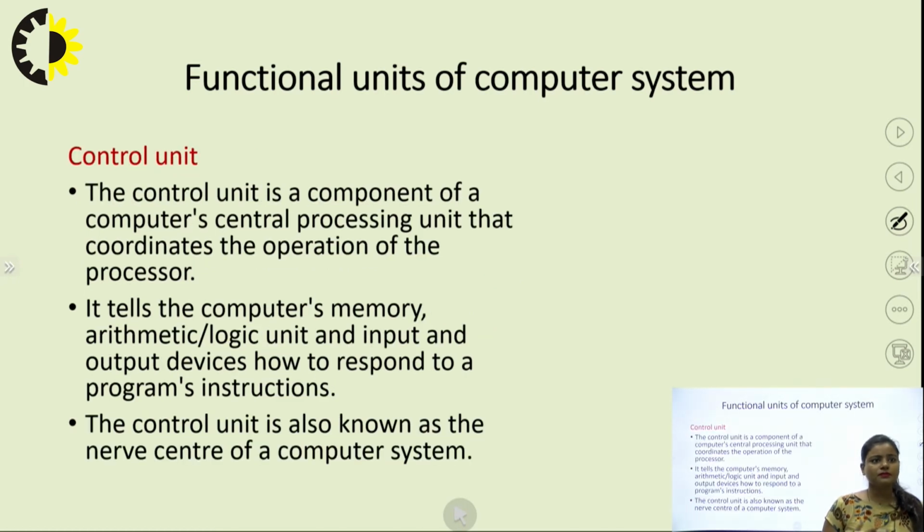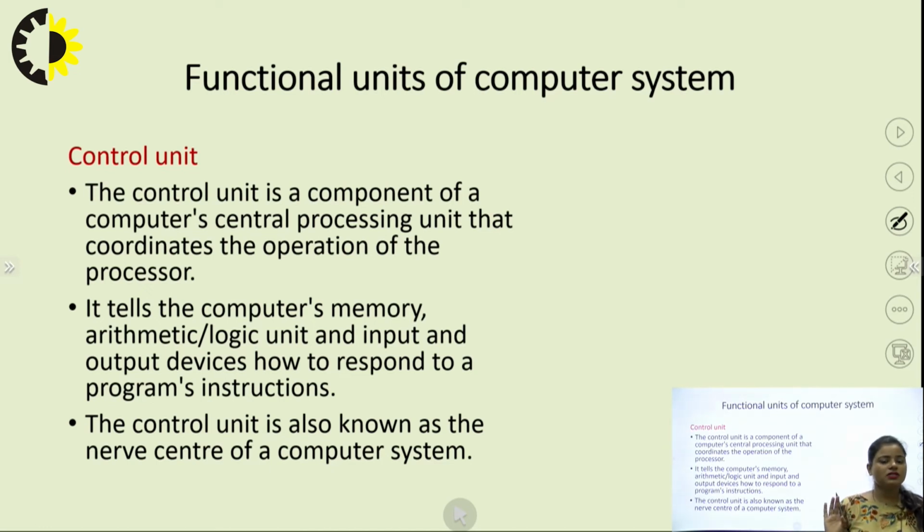Next we have the control unit. The control unit is a component of a computer's central processing unit that coordinates the operation of the processor. The control unit has only one task, coordination among all the units or devices. It tells the computer's memory, arithmetic or logic unit, and input and output devices how to respond to a program's instruction.